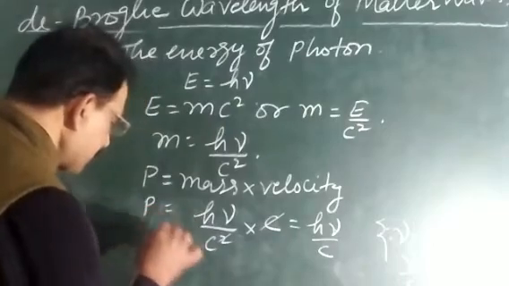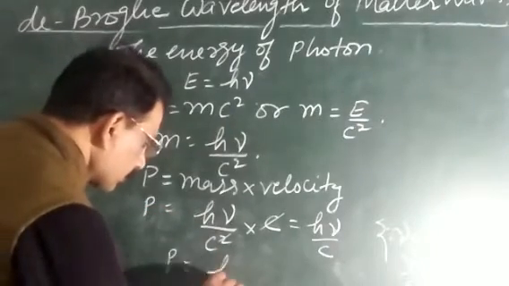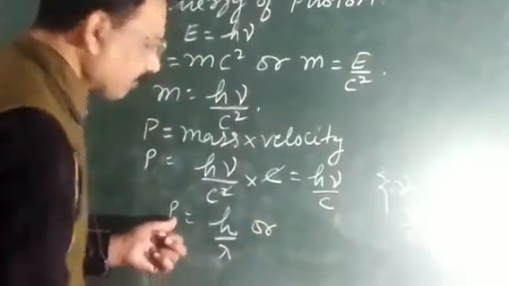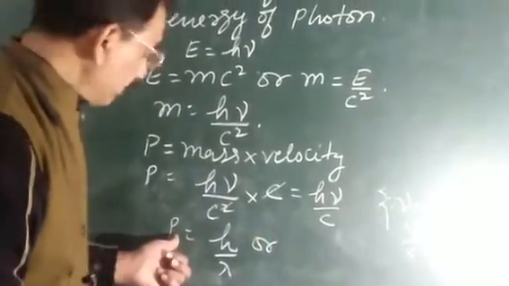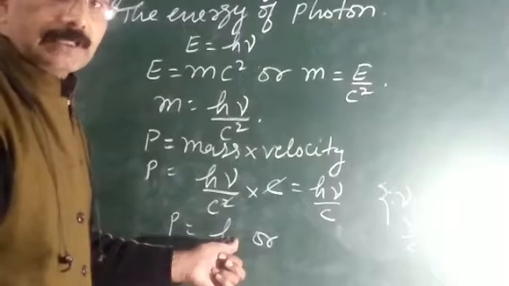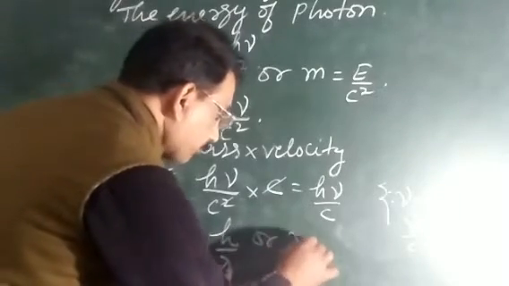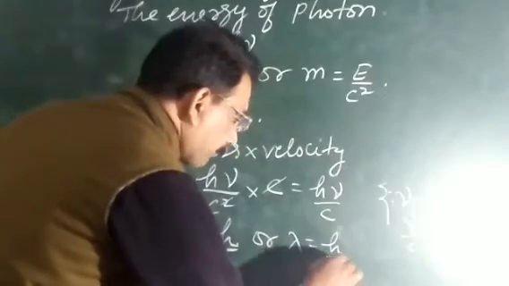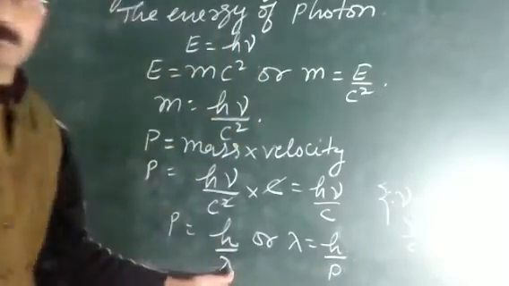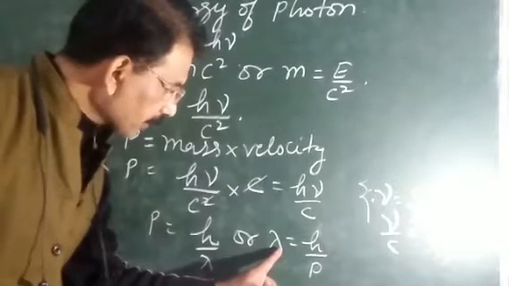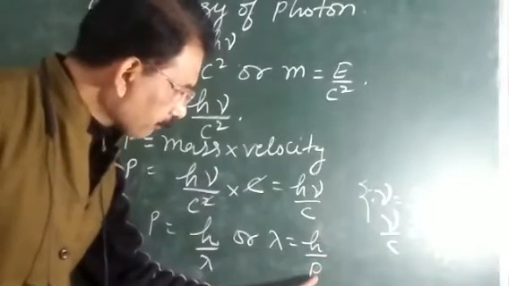It means p is equal to h by lambda, where p is the momentum of the photon, h is Planck constant, and lambda is the wavelength. So lambda is equal to h upon p. The wavelength of the photon is given by h upon p.